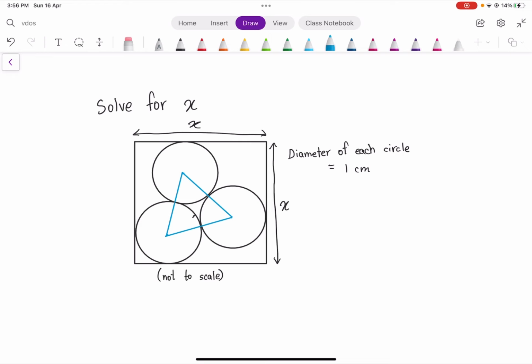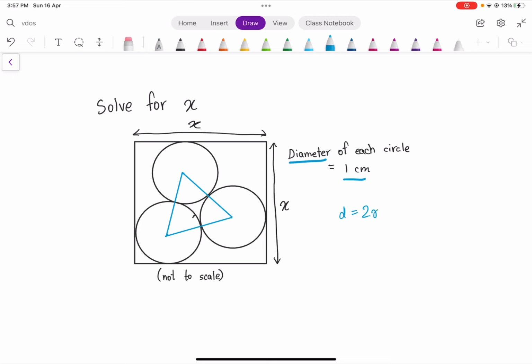How do we know that? Well, that's a good question. That's what we're going to be talking about. Remember how it said that the diameter of each circle is 1 centimeter? What is the relation between a diameter and a radius? Well, the diameter is twice the radius.